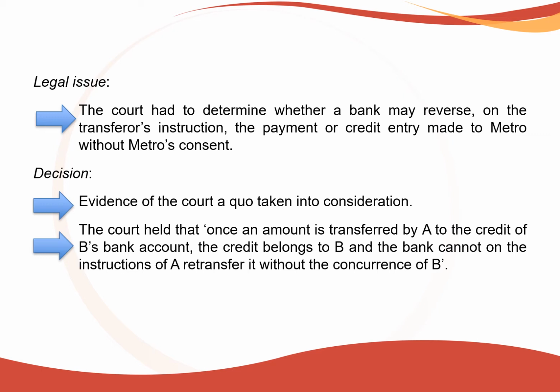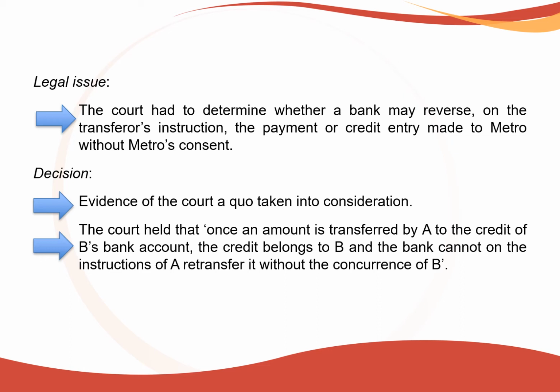The court considered the transfer to be a valid transfer of funds. The court came to this decision as, in the court a quo, the bank's witness testified that an interbank agreement under the auspices of the Automated Clearing Bureau, or ACB, exists that provides that without the beneficiary's consent, an EFT cannot be reversed.